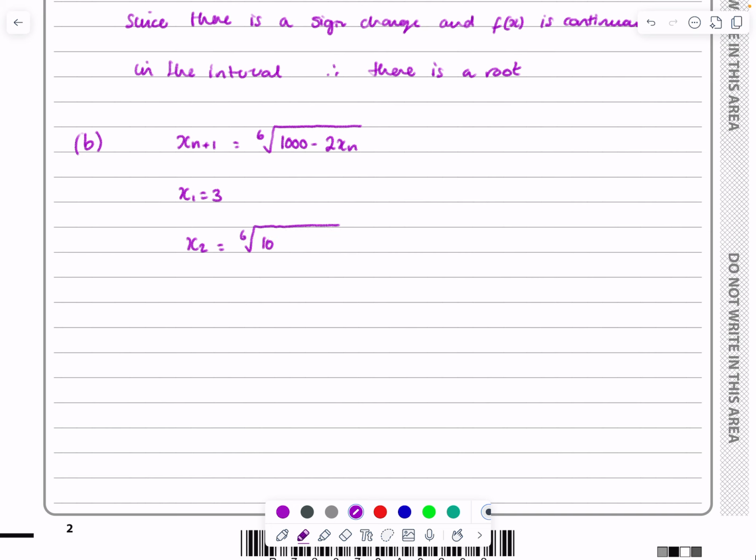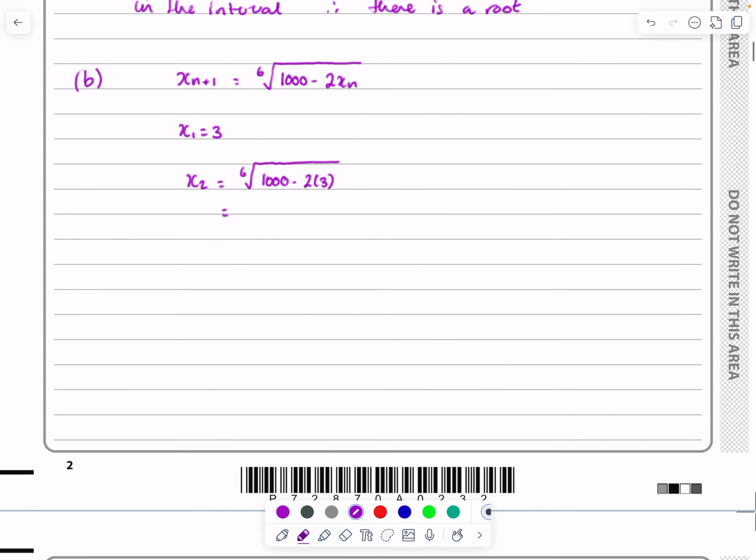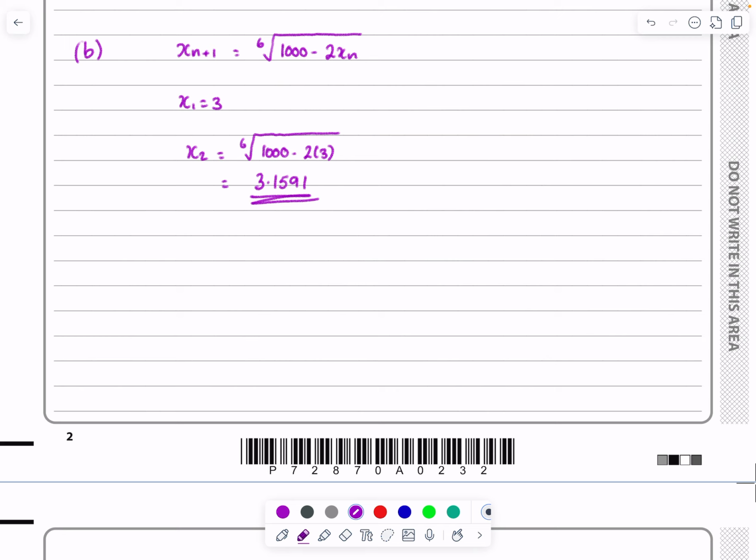So 1,000 minus 2 lots of 3, and then when I get my answer out here, and I'm only doing it to 4 decimal places, 3.1591. When I find x3 and x4 and x5 and I keep going, I'm not going to show any working out for that at all because there's no marks for method now.